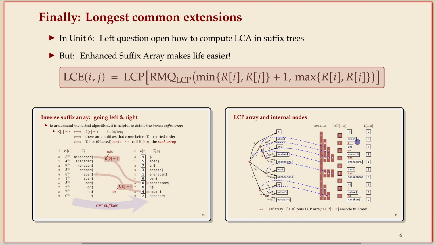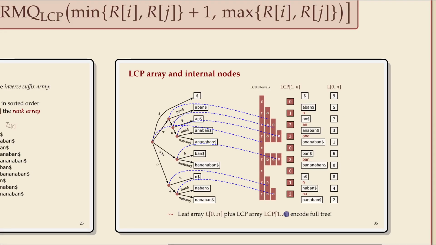Instead, it was defined, if you remember, so you listed all the suffixes of a text in alphabetic order. And then for 2 adjacent ones, the LCP array gave you the length of the longest common prefix. But the essential information is still in there.